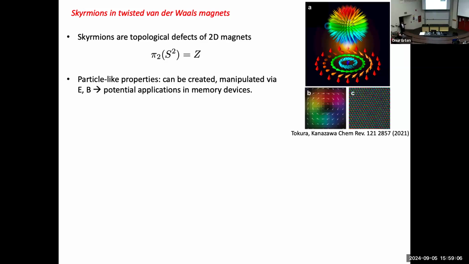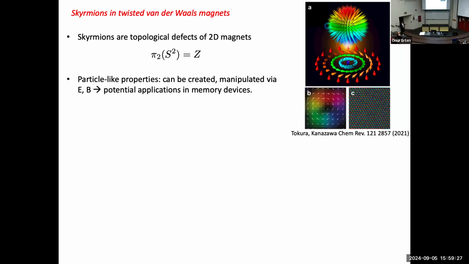So why is this a topological defect? The skyrmion is a spin texture, right? If you look at it here, at the edges of the skyrmion, the spins are pointing up, and at the center, they are pointing down. From the edge to the center, it has a certain winding.